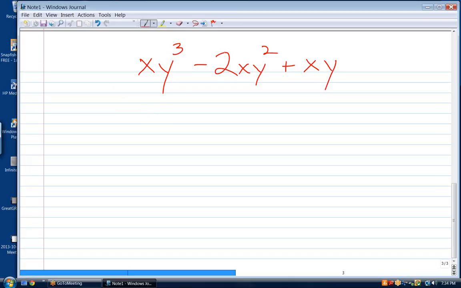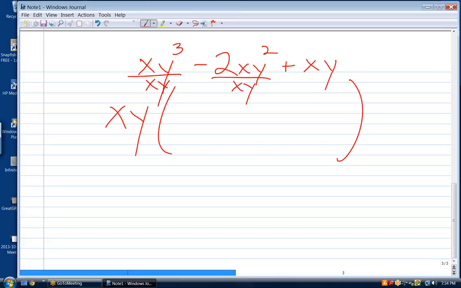No, there's no numbers. We can't factor out a 2. But we can factor out an x, and we can factor out a y. Once you've factored those out, if you divide each term by xy, you'll get what we need to write. So what does that equal?